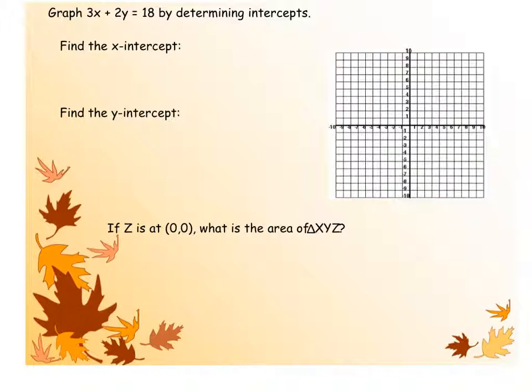Remember, the x-intercept occurs when y is 0. So that means I could put in 3x plus 2 times 0 equals 18. That's going to cancel beautifully from multiplying by 0.